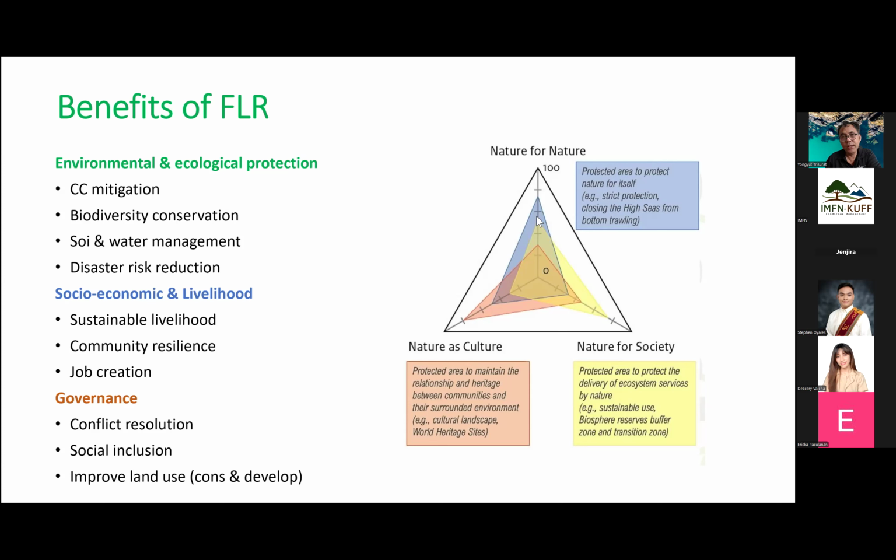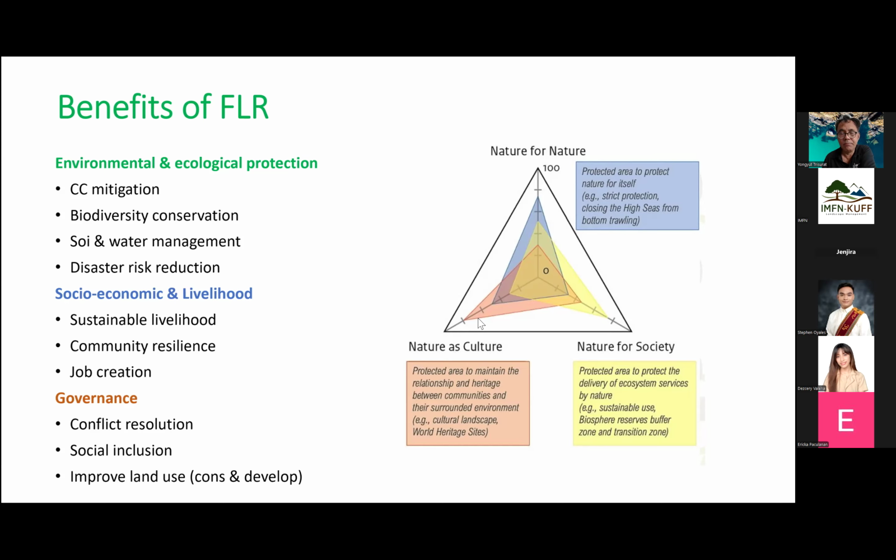If you see the picture on the right hand side, it is the integrated sustainable forest management or landscape restoration. We can have three dimensions of objective or benefit, the first being nature for nature. If we do landscape restoration for nature, it can be done in the protected area, where the land does not belong to the local people or no people live inside. The next one is nature for culture.